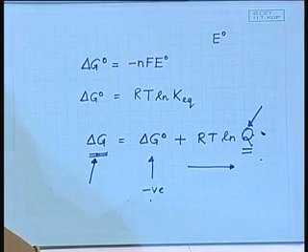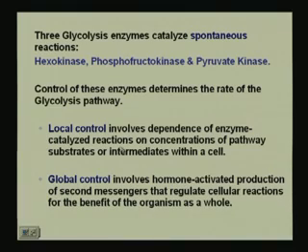So, we have local control, which involves the dependence of enzyme catalyzed reactions on concentrations of pathway substrates or intermediates within a cell. You now realize what this means: the concentrations of the intermediates, the products and the substrates are extremely important in determining these catalyzed reactions. Then you have global control that actually involves hormone activated production of second messengers.